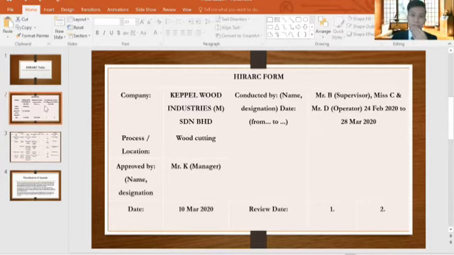So as you can see, the name of the company that we are doing our research on is the Keppel Wood Industries Sendirian Berhad. The process would be the wood cutting process, and approved by and conducted by are also stated inside here.